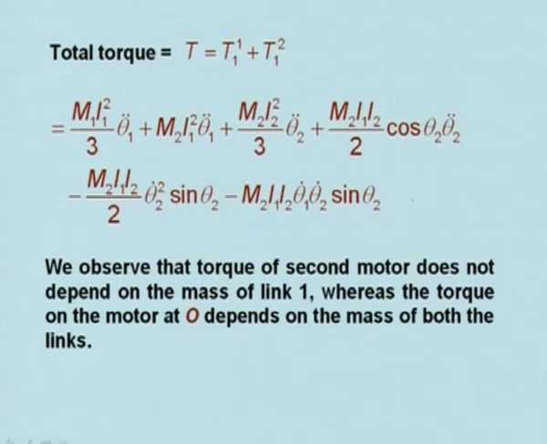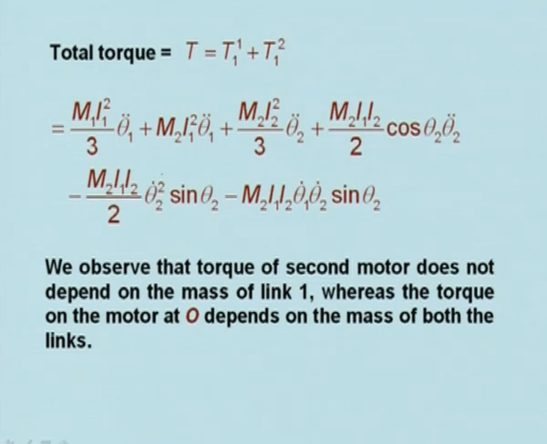So we see that the torque required is influenced by both the motors, and the equations contain square terms also, non-linear terms. We have theta 2 dot square and all these things.